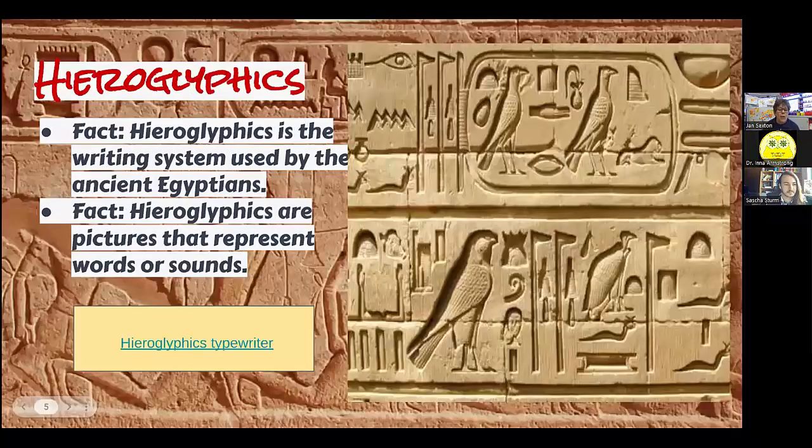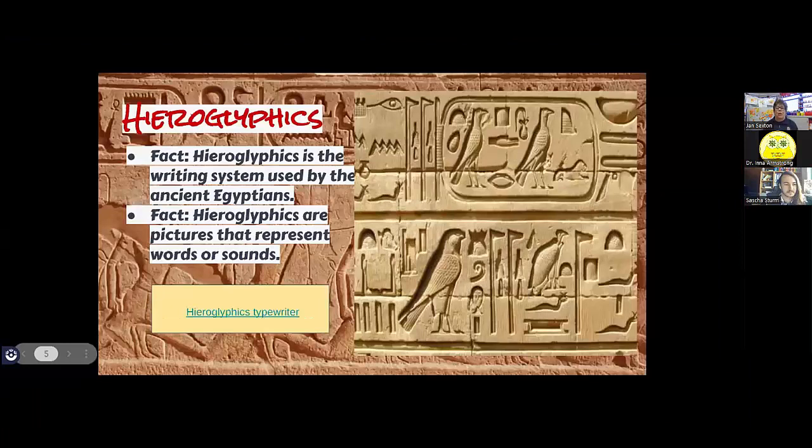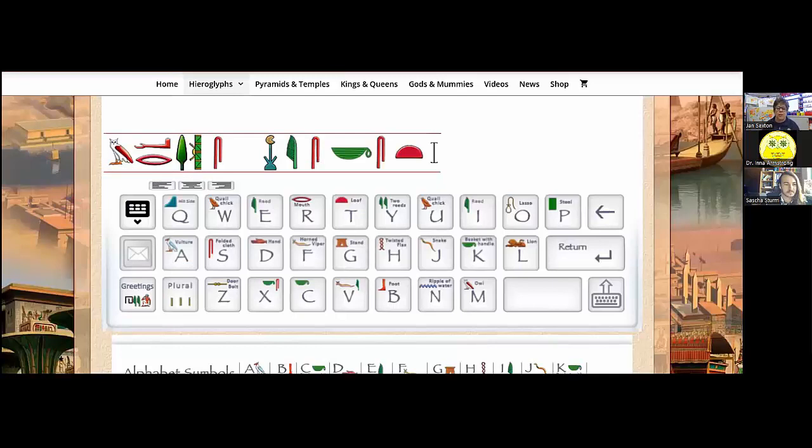Also, we talked about hieroglyphics, and I found this great hieroglyphics typewriter where you can go to this website and you can actually type. For example, there's the hieroglyphics keyboard. Okay, so sorry, I see the tab at the top now. This is my first time.